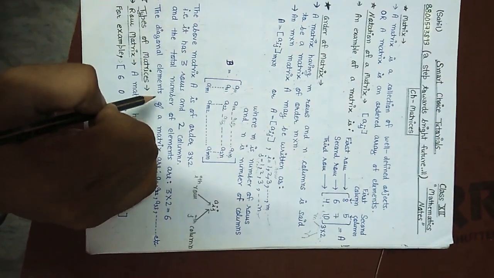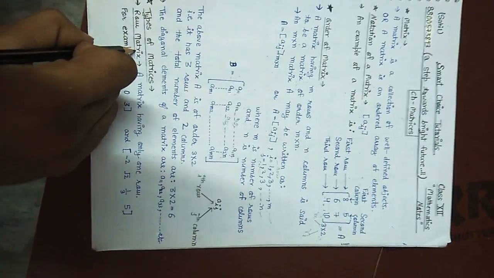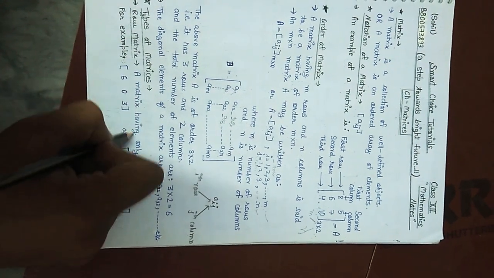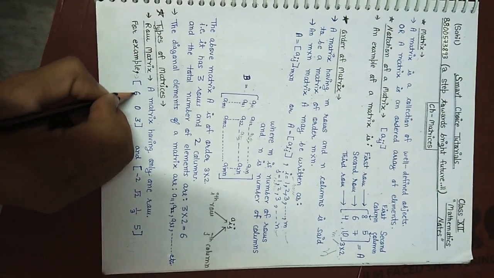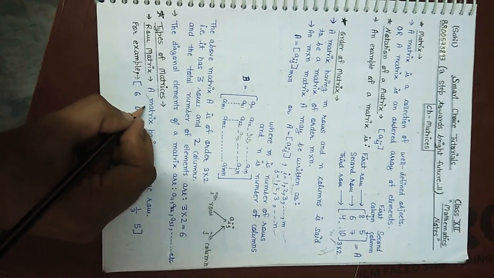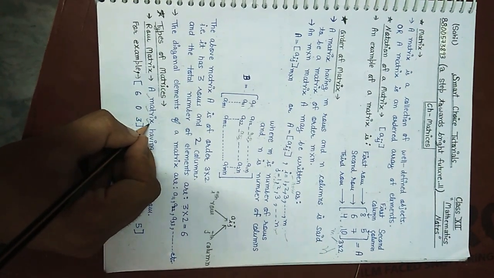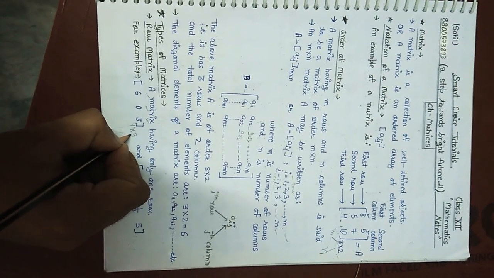Now, types of matrices. There are the following types of matrices. First is the row matrix. A matrix having only one row is known as a row matrix. For example, 6, 0, 3: there is only one row and three columns. The order is 1 cross 3. Hence, it is a row matrix.